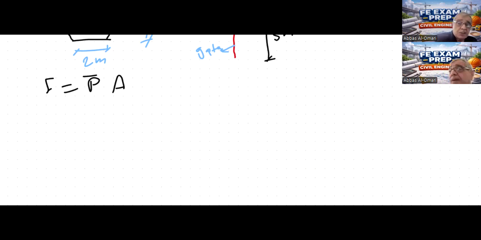So the pressure, P average, is the pressure at the centroid of the gate.